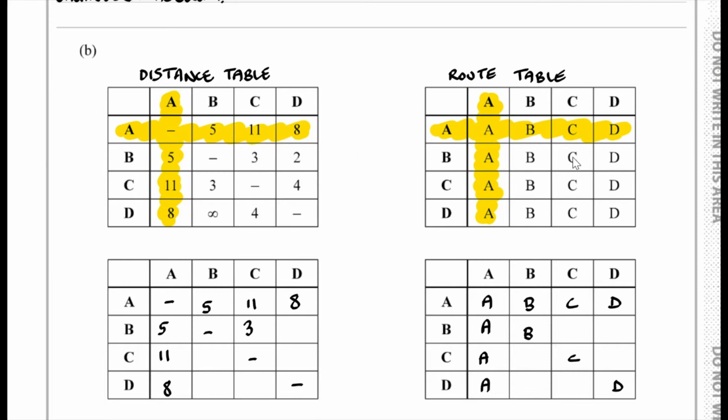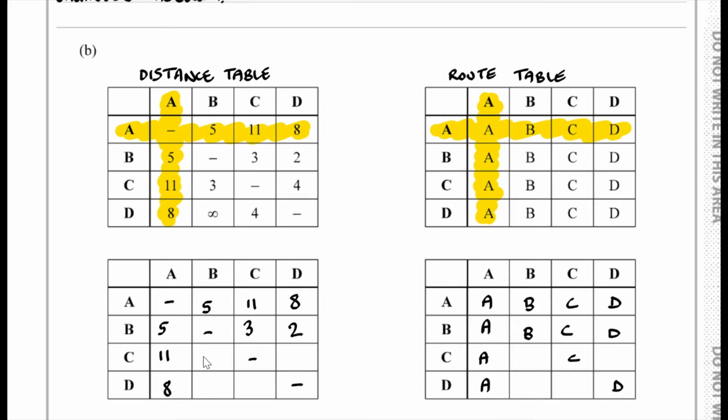In other words, we still have a C for our route table. And if we consider this element over here, we compare this with 5 plus 8. 5 plus 8 is 13. 2 is smaller than that, so we write the 2 over here. The 2 remains unchanged, so the letter here remains unchanged.